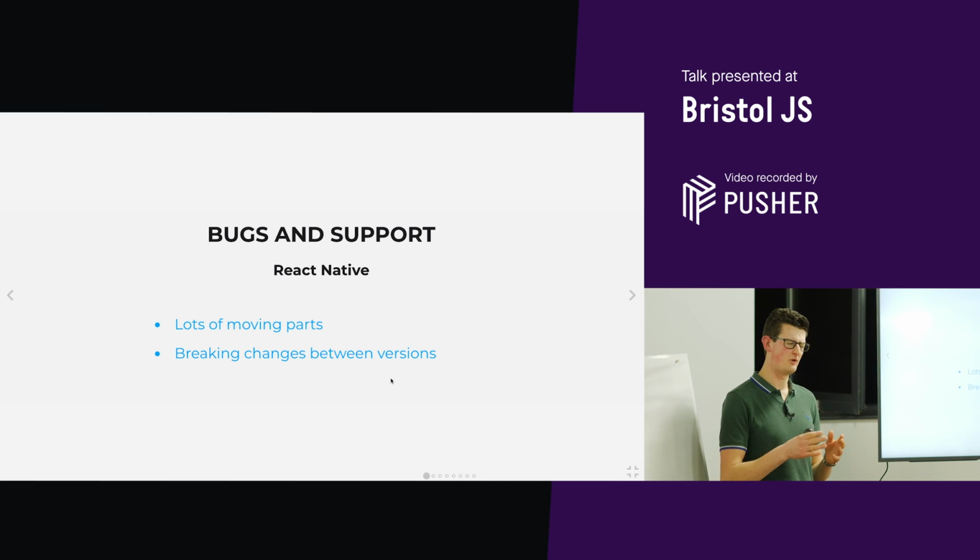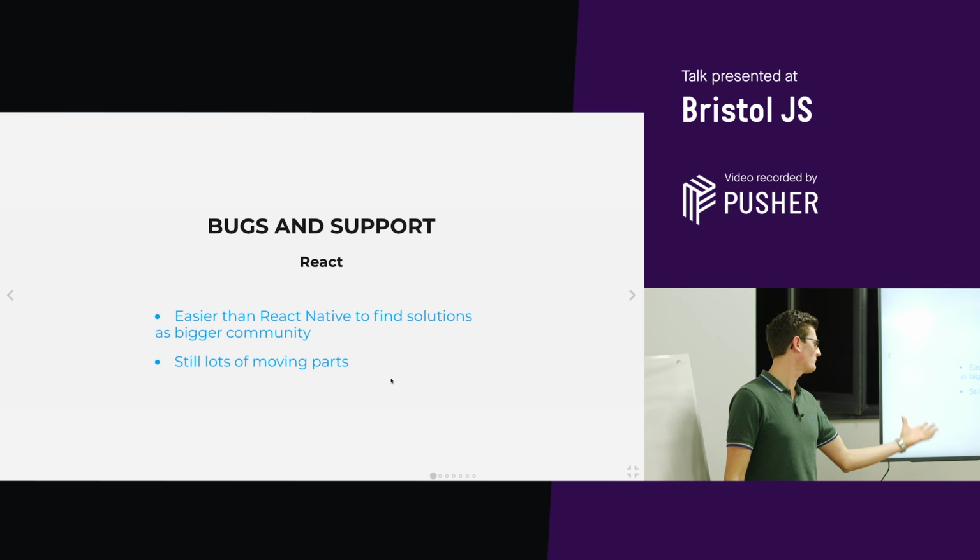And I found that when I had a bug, it was quite hard to tell whether it was in my code or my config or in one of the React Native tools as part of their ecosystem. When I looked on the classic GitHub issues, there were lots of breaking changes between 0.57 and 0.58 and 0.61 and 0.62. So it was quite hard to root out where the real bug was, which was quite frustrating to get started.